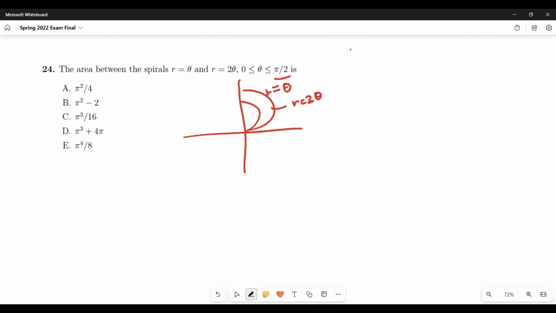So when you're finding the area in between those regions, r equals 2 theta and r equals theta, this is going to be this region, right? Which is basically using the area formula of the polar curve. Area is equal to 1 over 2, integral from 0 to pi over 2, and you have to square the r value, so the bigger radius squared is 4 theta squared, and then the smaller radius squared would be theta squared, d theta.